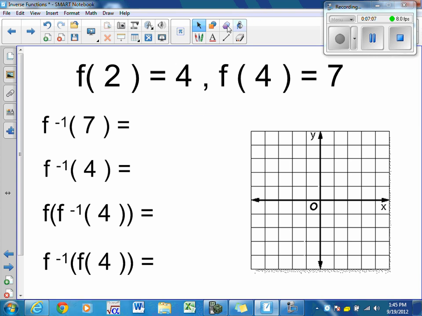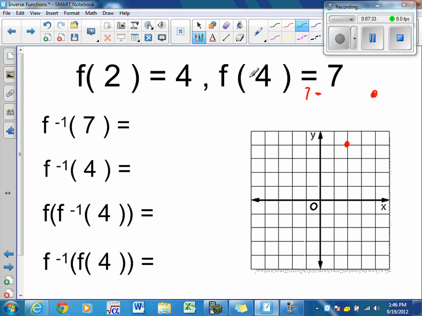So let's look at an example. If I have a function that has the point (2, 4) on it, and has the point (4, 7), which is up here somewhere, what would the inverse value of 7 be? It switches the x's and y's.